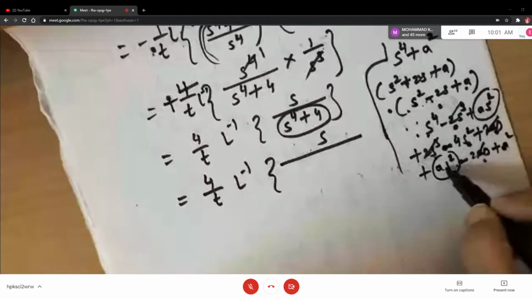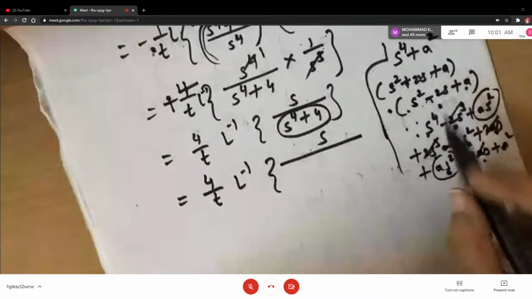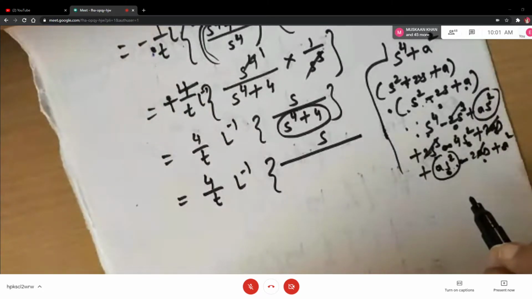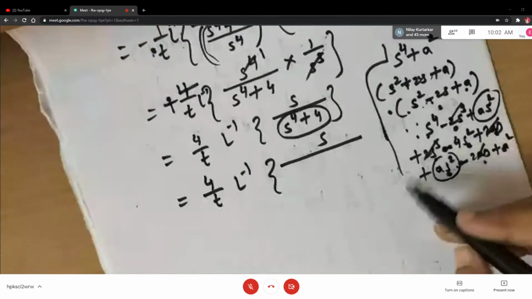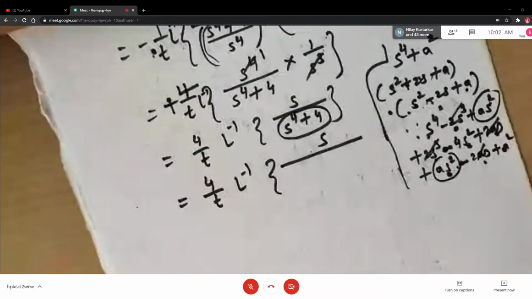So how to get rid of these two terms? What can be the changes in this? What will be the factors? Yes, you can hear me, right?